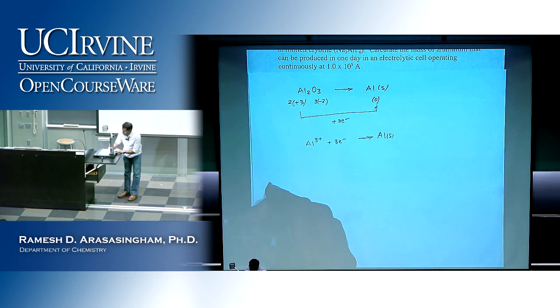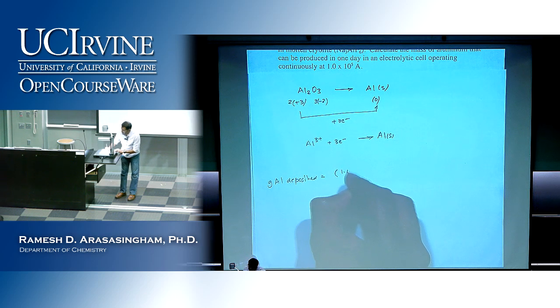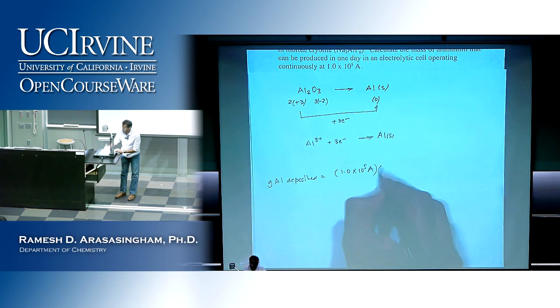All right? If I want to know grams of aluminum deposited, I start with the current in amperes times the time, which was 24 hours.